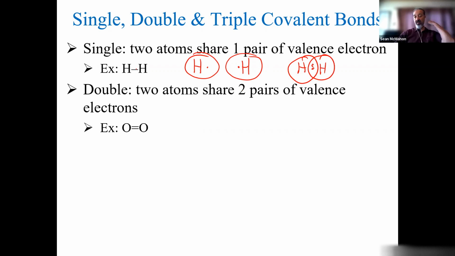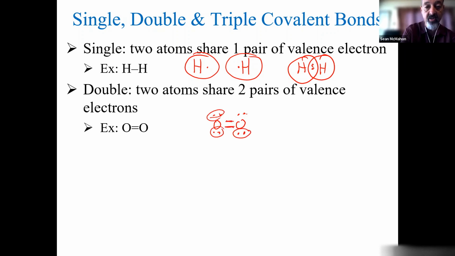With double bonds, you typically have 2 pairs of valence electrons being shared. So in this case, this is actually omitting the lone pairs, but in this example of oxygen, we have a double bond, and then we have 2 lone pairs for each of these, and what we're actually seeing is both have an octet, 2, 4, and then this bond 6, 8.